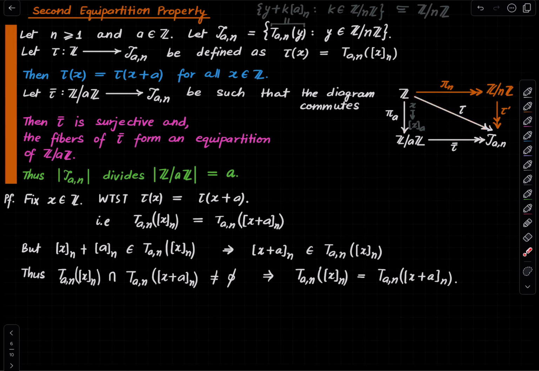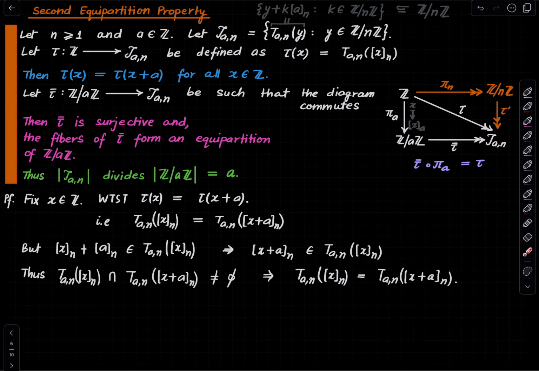It's a triviality, but we argued it. And that surjectivity immediately implies that tau bar is surjective simply because tau is the composite of tau bar and pi of A. The surjectivity of tau along with this equation implies the surjectivity of tau bar. It's a very simple set theoretic statement. Okay, so this part is fine, the surjectivity of tau bar.